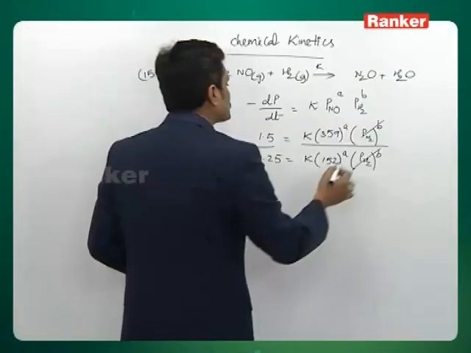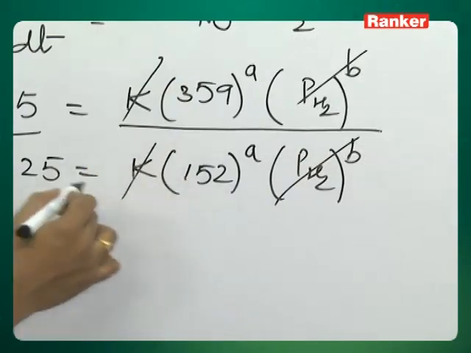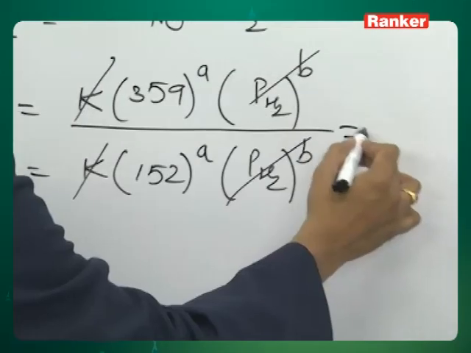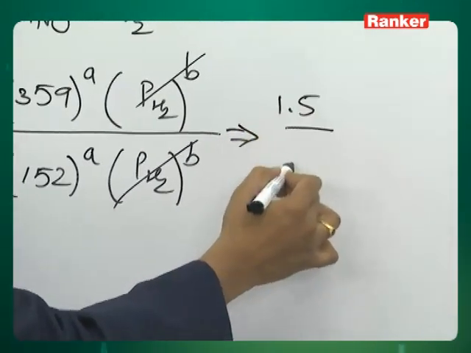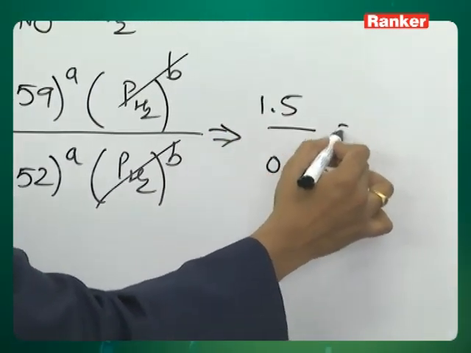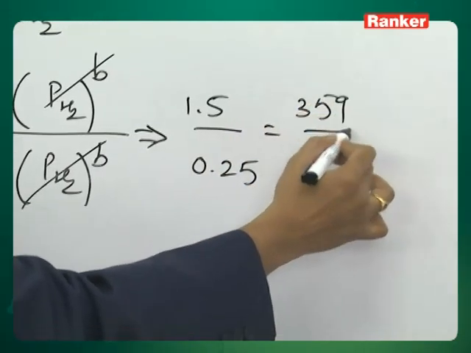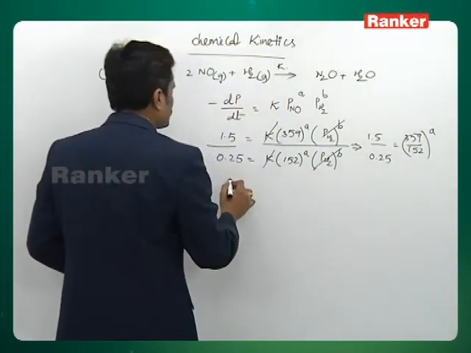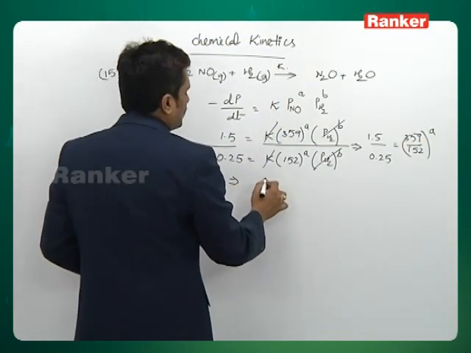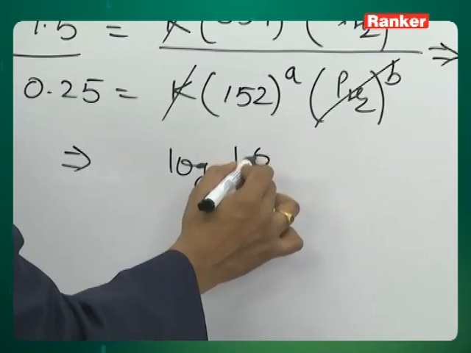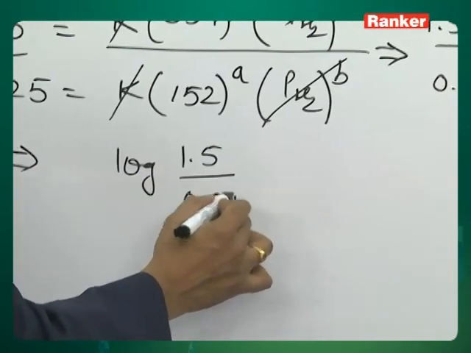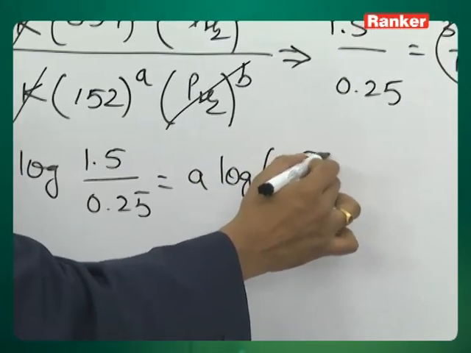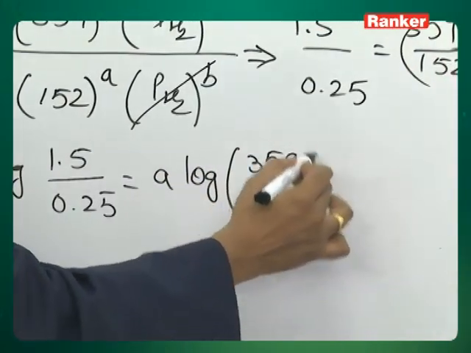Now when I have got these two equations and I divide them, the pressure of H2 gets cancelled along with the rate constant, and we know that 1.5 upon 0.25 is equal to (359 by 152) raised to the power A. During the simplification, when I apply logarithm, you can see log of 1.5 by 0.25 is equal to A times log of 359 upon 152.